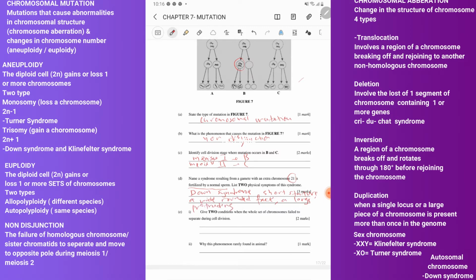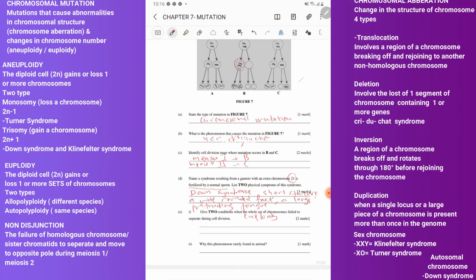Okay, give two conditions when the whole set of chromosomes fails to separate during cell division. If the whole set of chromosomes fails to separate, it will form euploidy.